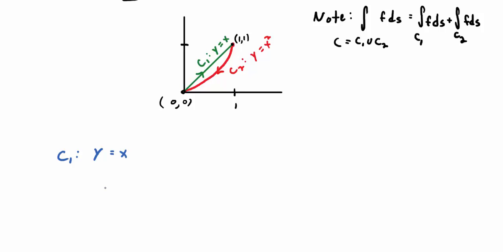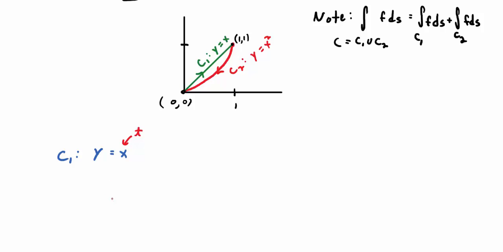You do it the same way every time, unless there's some extenuating circumstance. If y equals f of x, you let x equal t. If it's x equals f of y, you let y equal t. This one we could actually do either way, but we're going to let x equal t here.